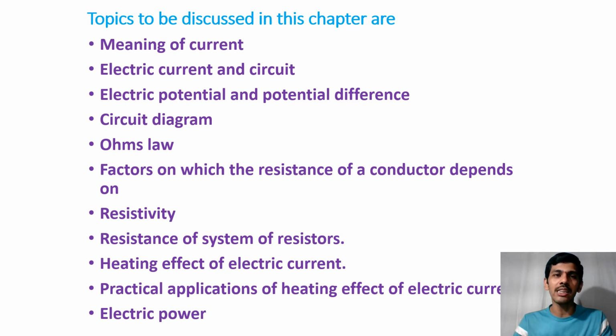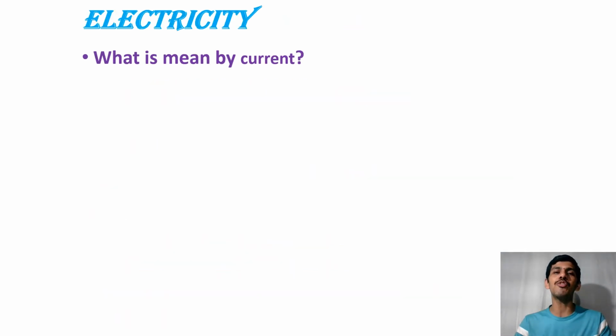So we should start all these concepts one by one. First, before knowing about what is electric current, we have to know the meaning of the word current. What is meant by current?